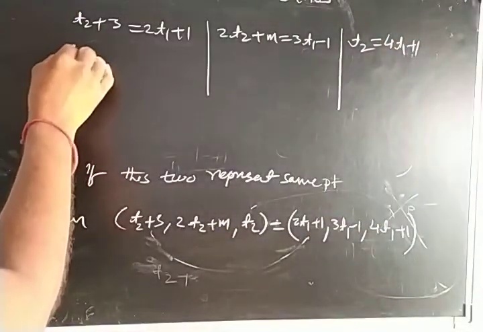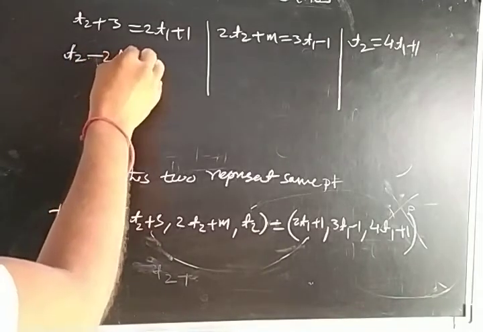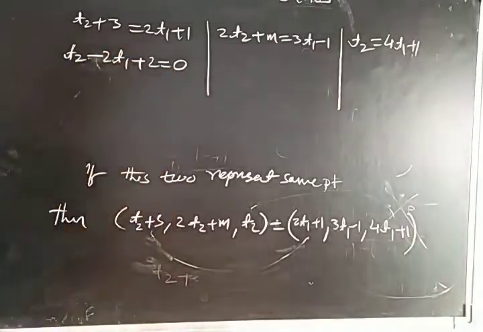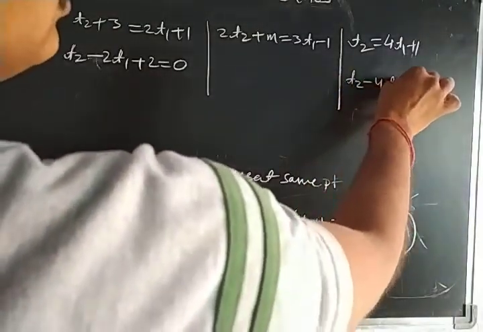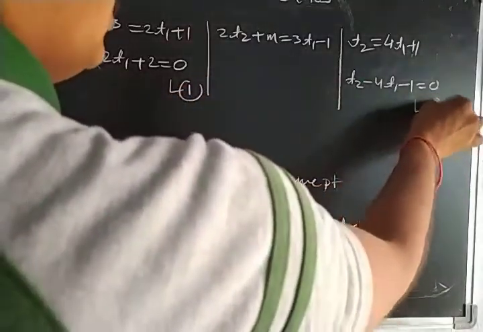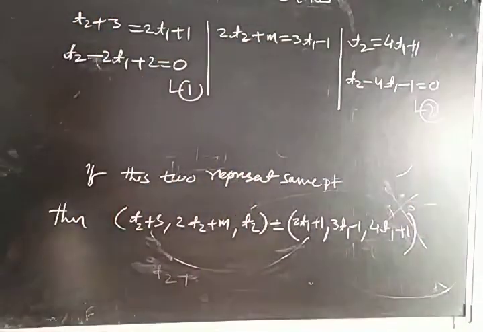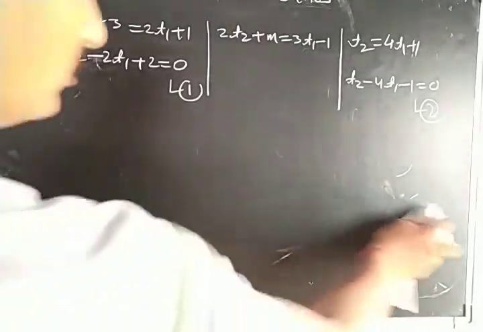Now simplify: t2 minus 2t1 plus 2 is equal to 0, and t2 minus 4t1 minus 1 is equal to 0. I am solving these two, and after getting the T1, T2 values, I will substitute in the second equation. Automatically you will get the m value.